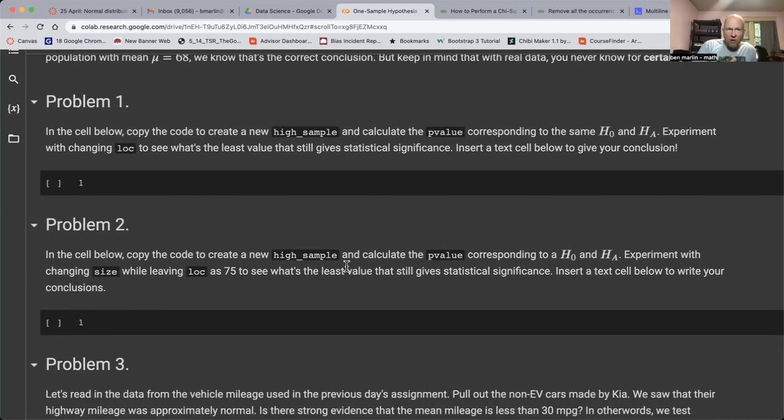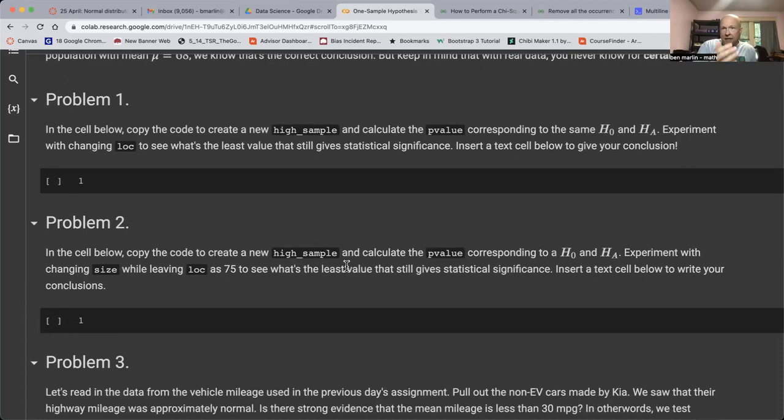All right, so problem one here: I want you to take the code that I used to make the high sample there and create a new one, and experiment with changing the value of LOC. Change the value from 75% to something else, and play around with it, execute it several times, and see what goes on with the statistical significance of the p-value.